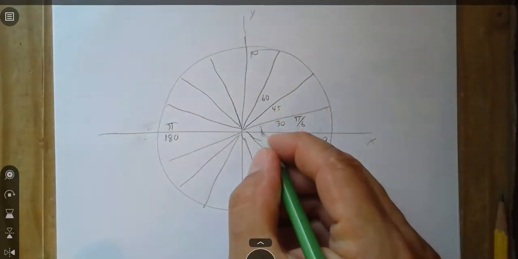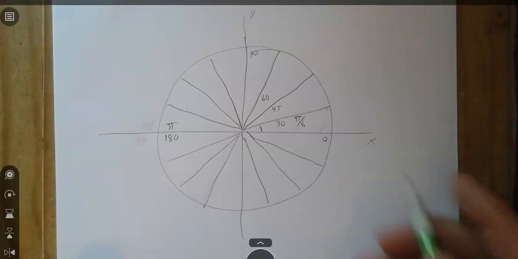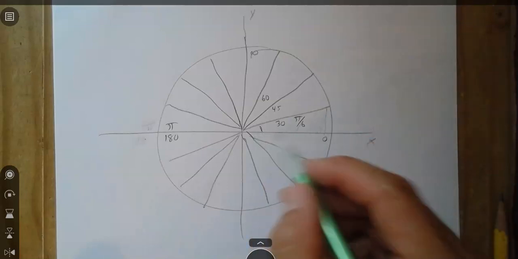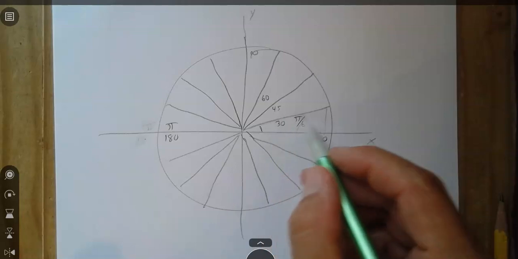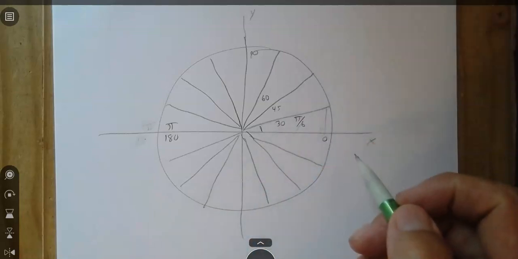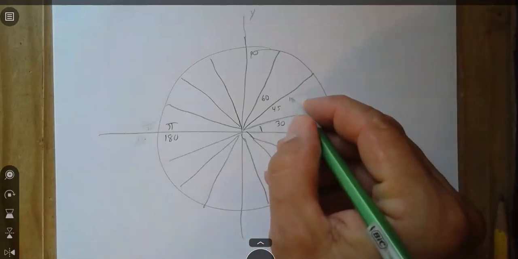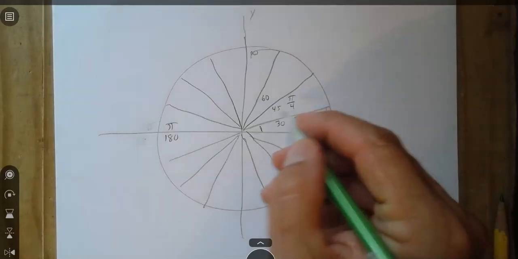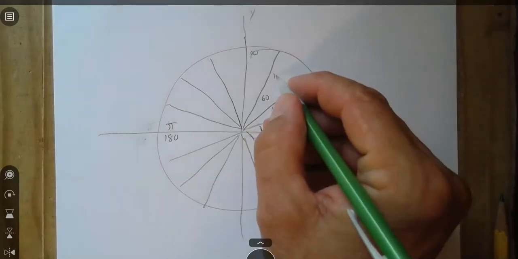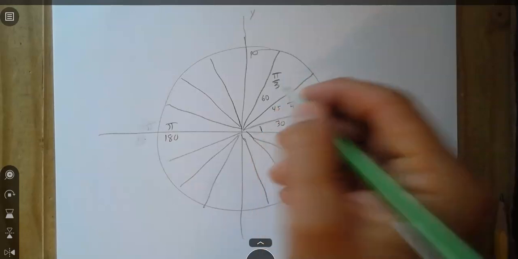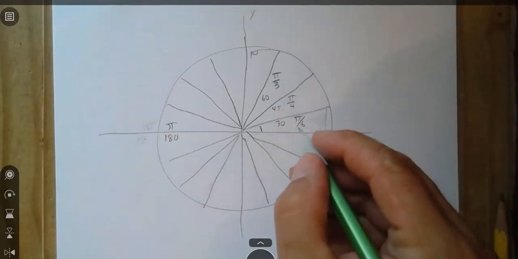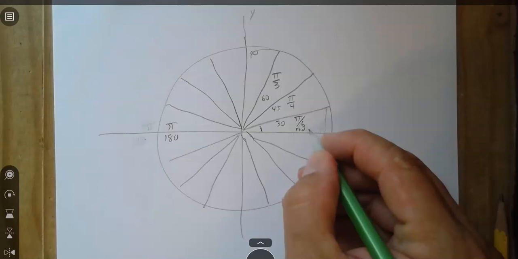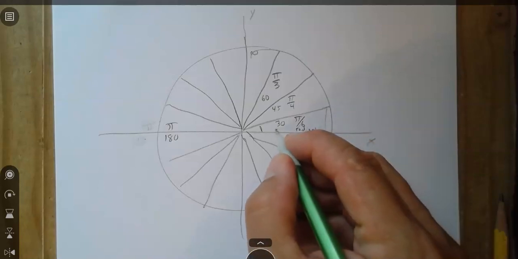This is the angle coming off of this triangle. So if we recall, that's our triangle. This is my x value, this is my y value, and this is my hypotenuse, or in other words, my radius. So 45, we have 4 of those that go into 180. 60, we have 3 of those, so pi over 3. And that's in our radians, right? These are radians. These are degrees.